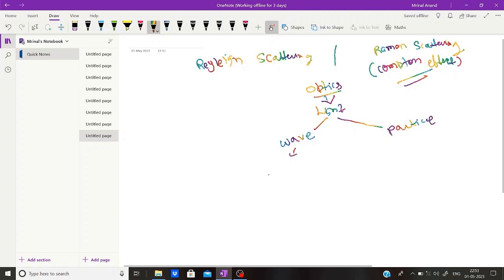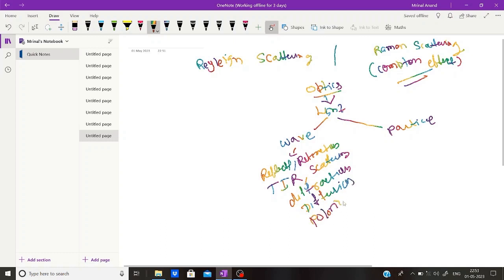Whenever we talk about refraction, total internal reflection, scattering, diffraction, diffusion, polarization, all these phenomena explain that light has wave characteristics, but at the same time light also has particle characteristics.